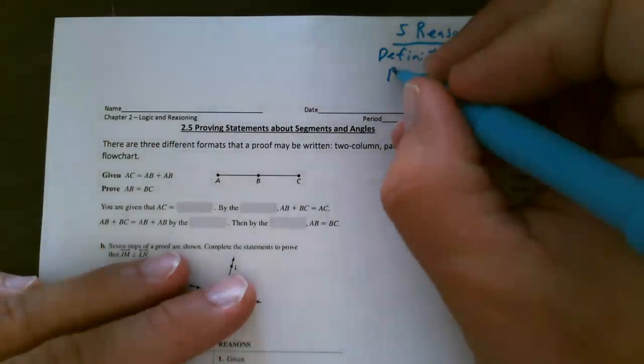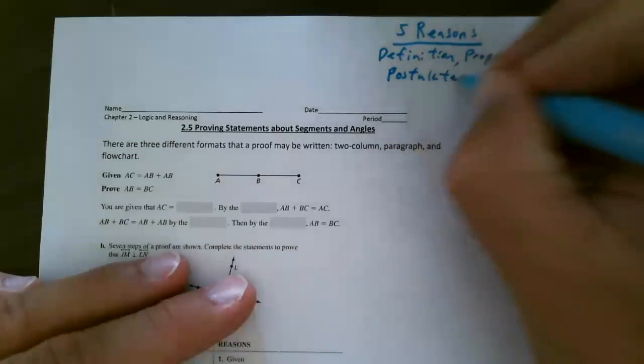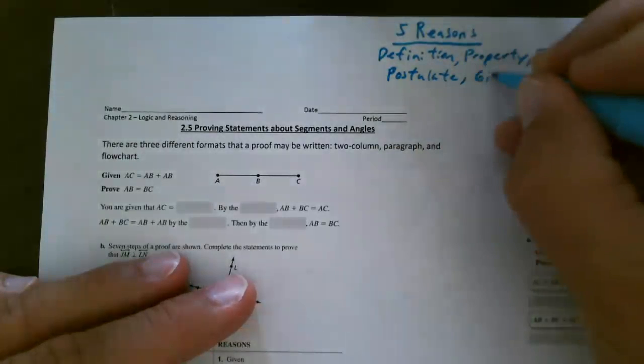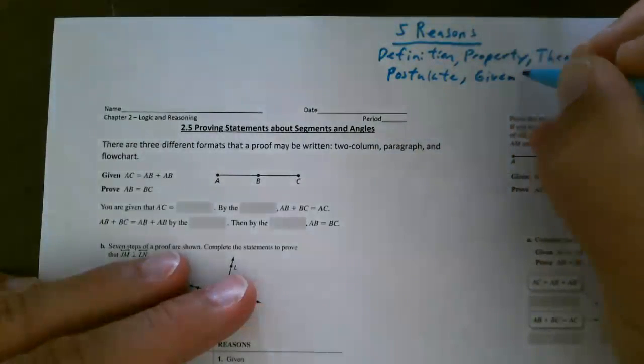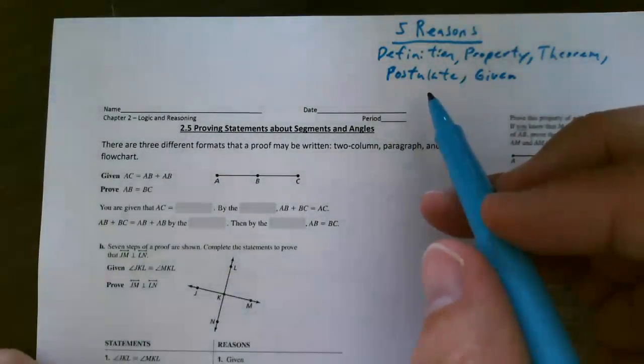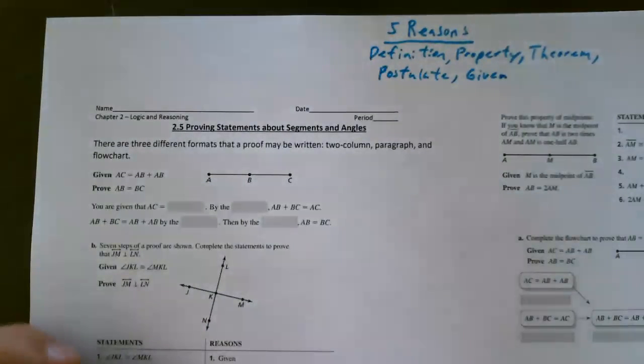Fourth, a postulate. And fifth, a given statement. Now, postulate, again, we said earlier this year, you could also call it an axiom, so that's also fine. They're the same thing.